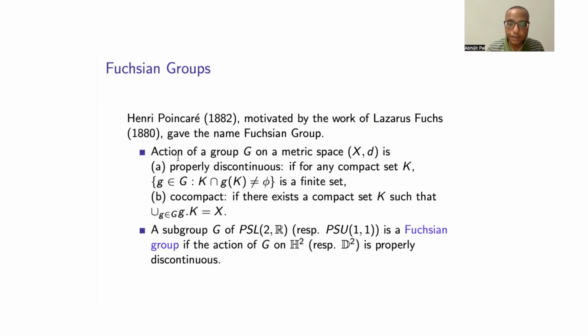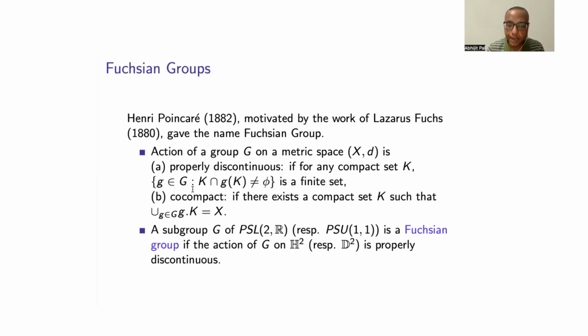Okay, so now let us recall the definition of a properly discontinuous action. An action of a group G is said to be properly discontinuous if for any compact set K, the set of g belonging to this group with gK intersection K non-empty is a finite set.